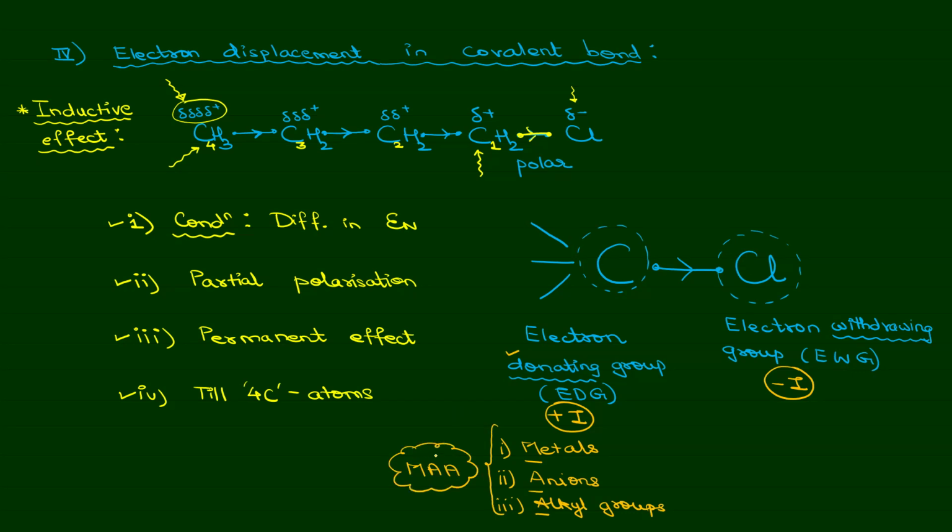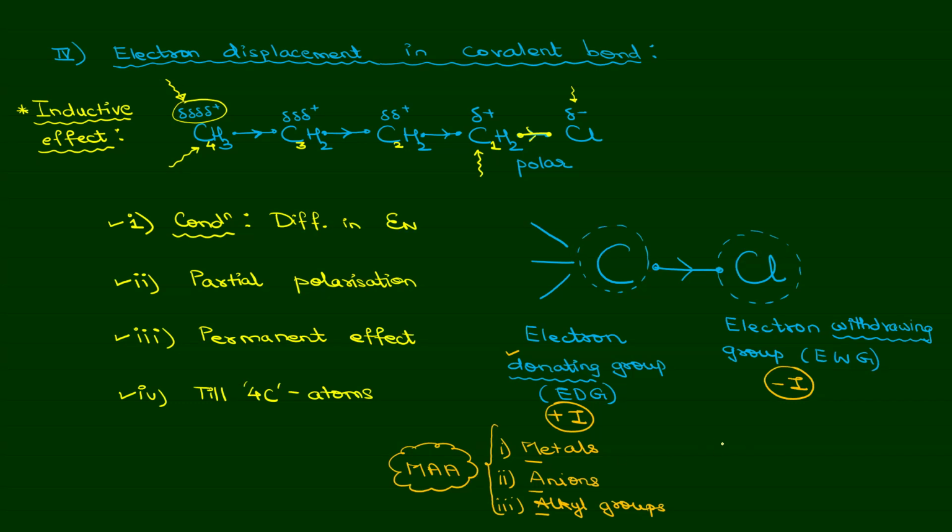Ma is also caring, Ma is also donating. With respect to that, you can remember Ma as the mnemonic for electron donating group, which is EDG, which is plus I, which is the good effect, which is metals, anions, and alkyl groups.